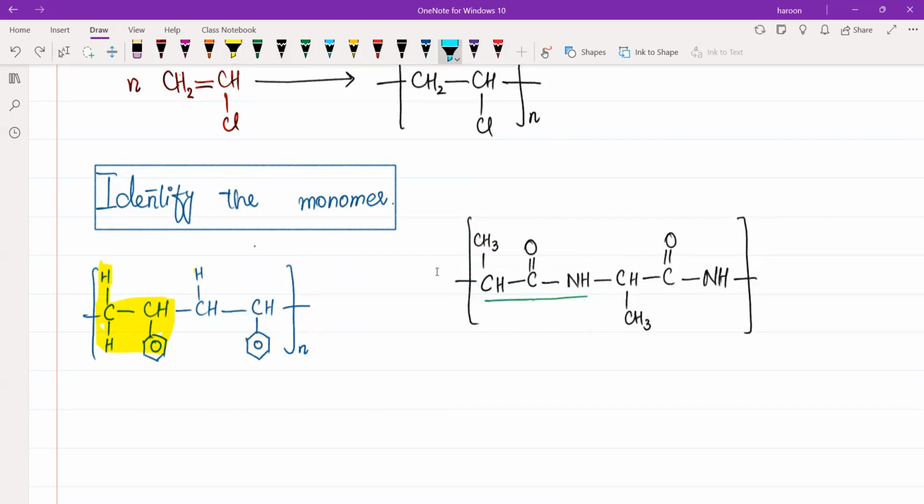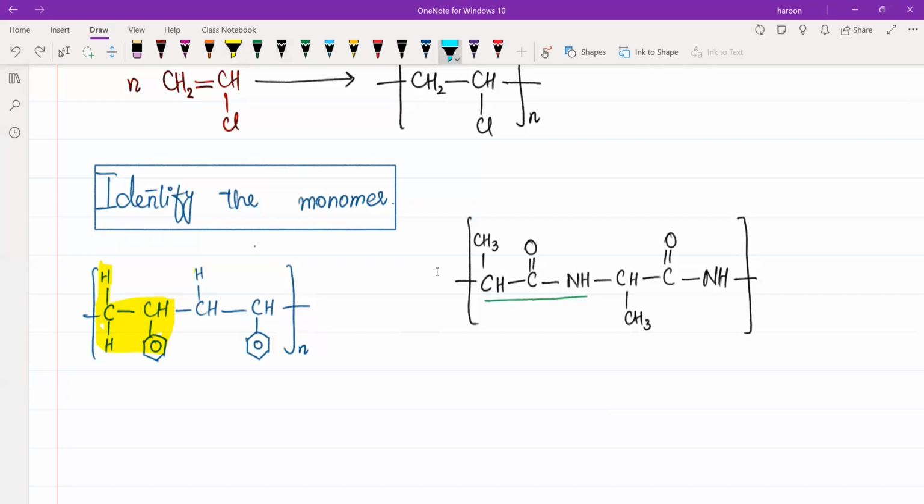You have to find. Tell me, give me the answer. Isn't the entire thing in the bracket the monomer?